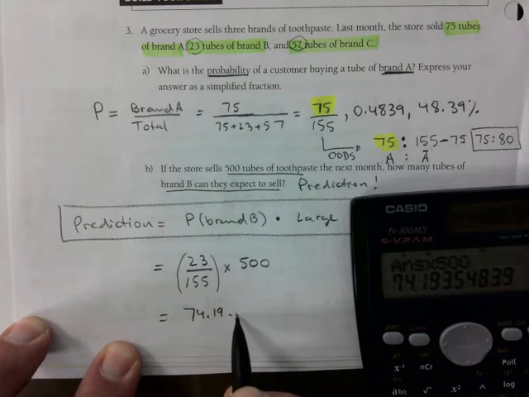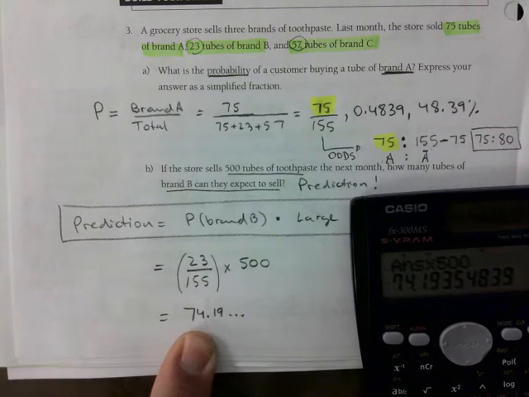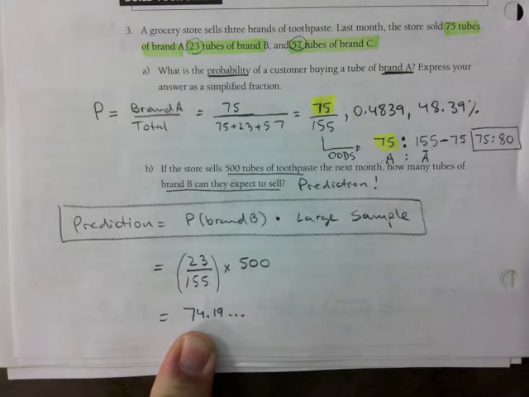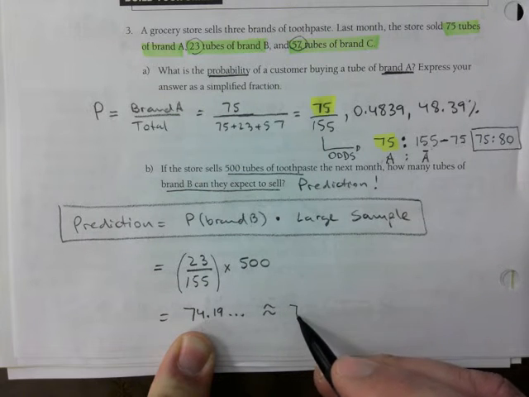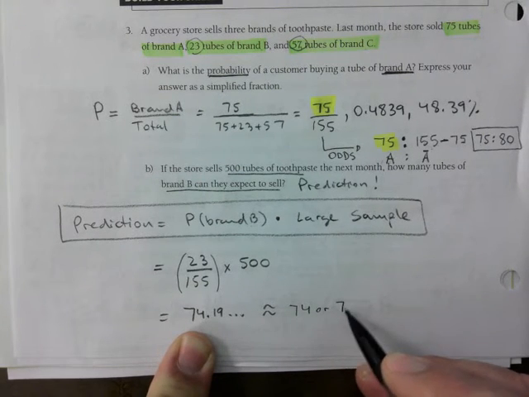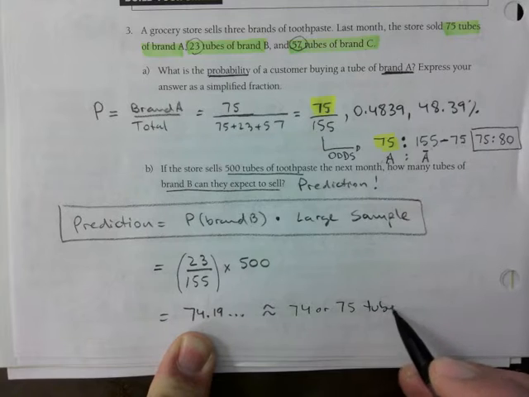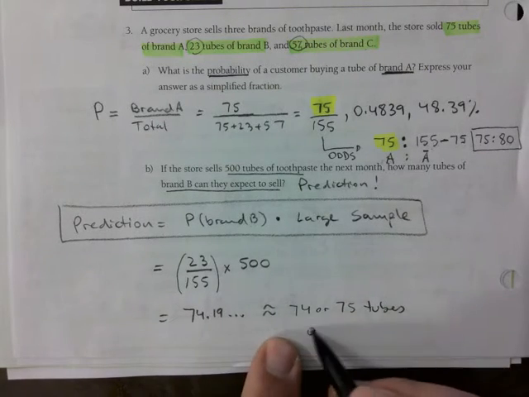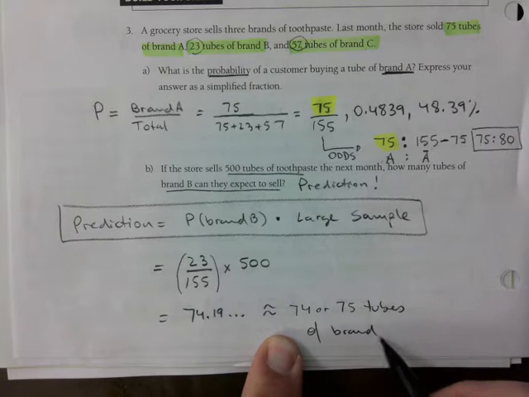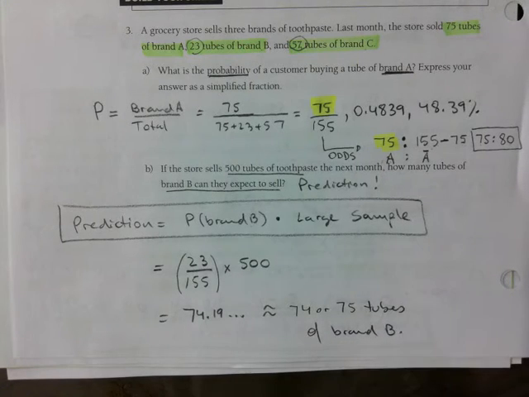Watch what I'm going to do. This is what your calculator shows you. We're talking tubes, right? You're going to say what? 74 or 75 tubes, right, of brand B. Okay.